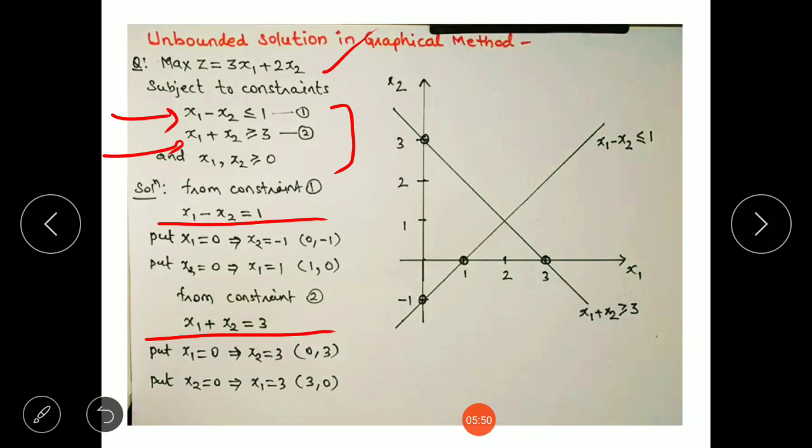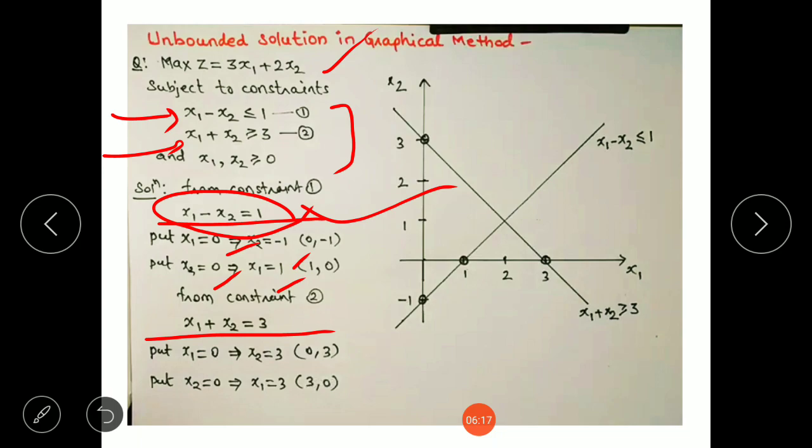So converting the first inequality constraint into the equation form, we get x1 minus x2 is equal to 1. Now for plotting this equation on the graph paper, we need points for x1 and x2. So we'll find the points first by putting x1 is equal to 0 to find x2, and by putting x2 is equal to 0 to find x1.